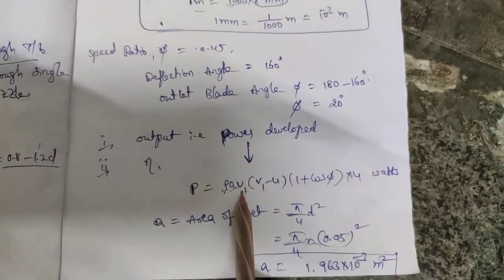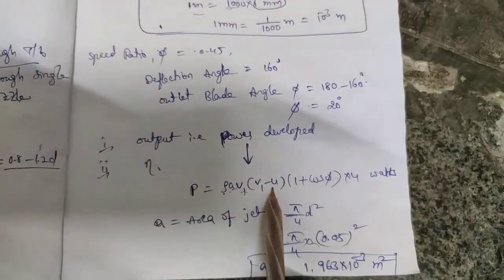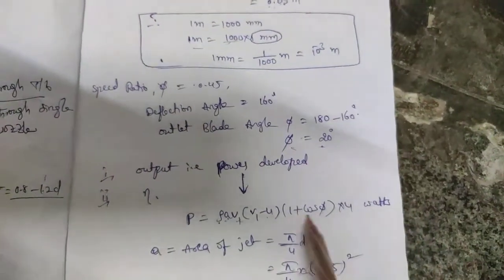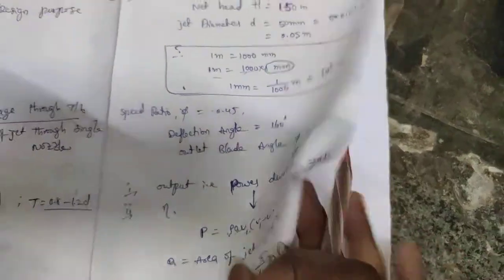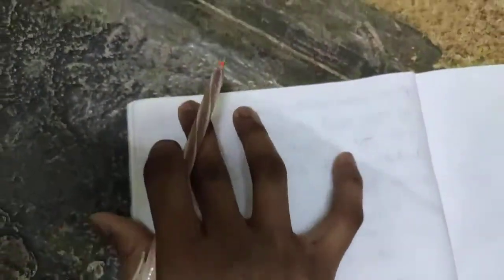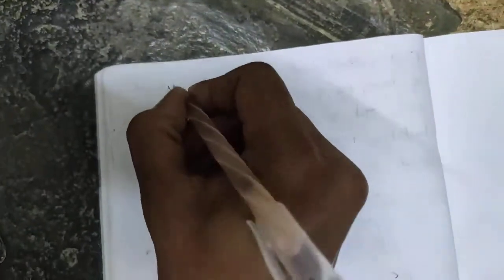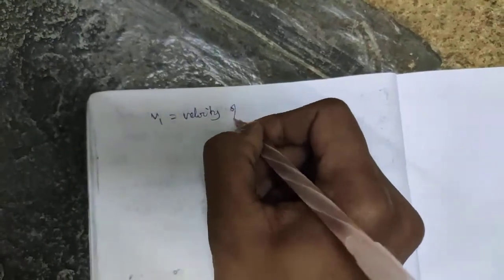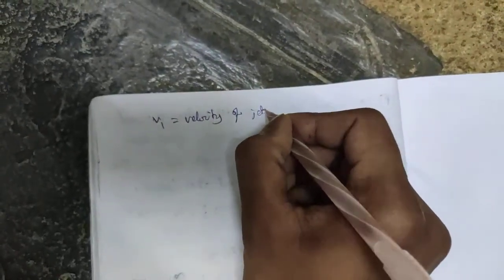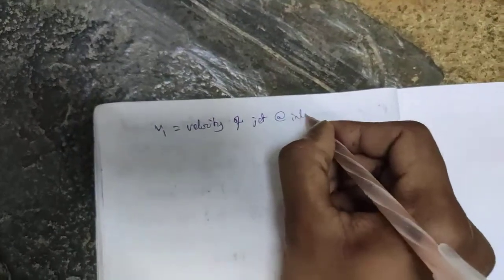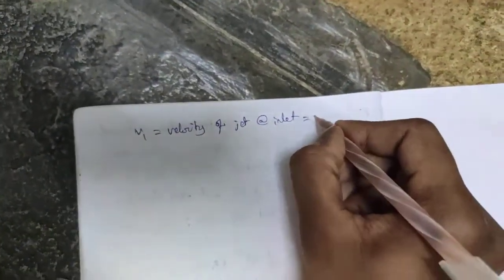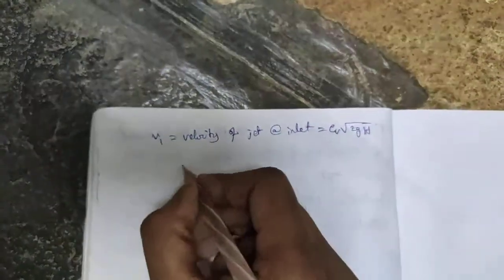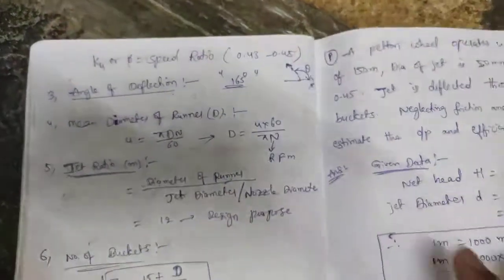So we need to calculate V1 value and U value, and cos phi value. Phi value we already know, 20 degrees. So let us calculate V1 value. V1 equal to velocity of jet at inlet, that is equal to Cv root 2gH. So V1 is equal to Cv root 2gH. What is the value of Cv?